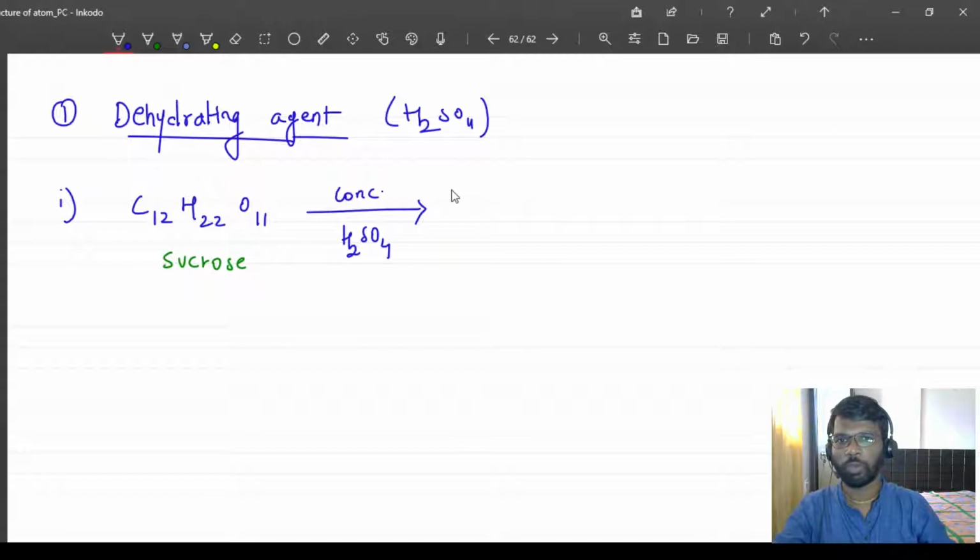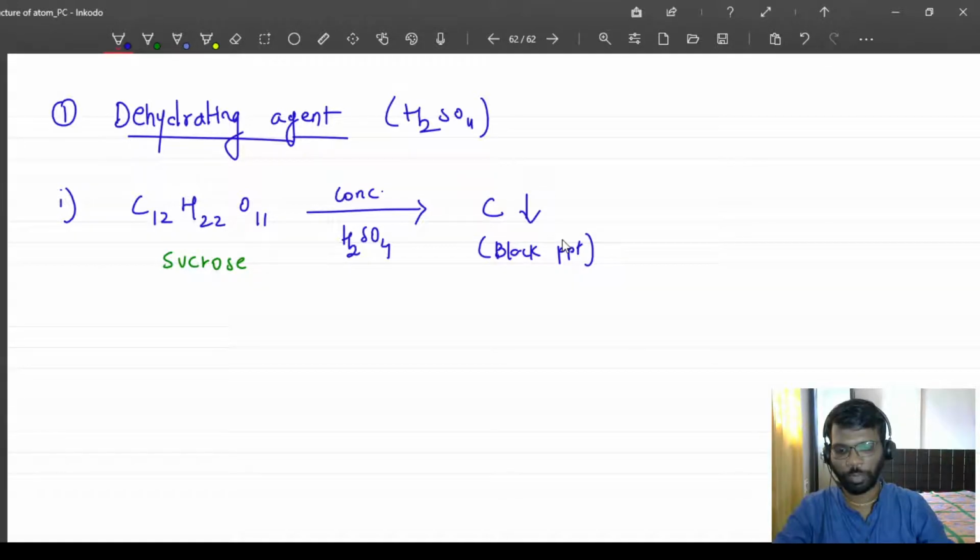How many water molecules can I remove? Since there are 22 hydrogens, I can remove 11 water molecules. What will remain is just carbon, and that is the black precipitate. Plus 11H2O.